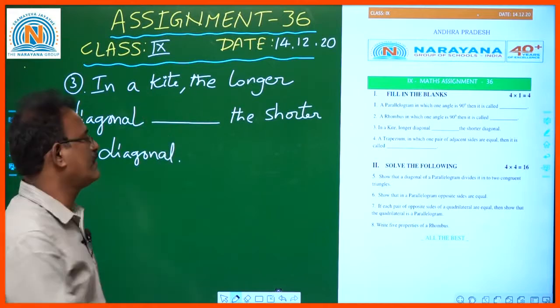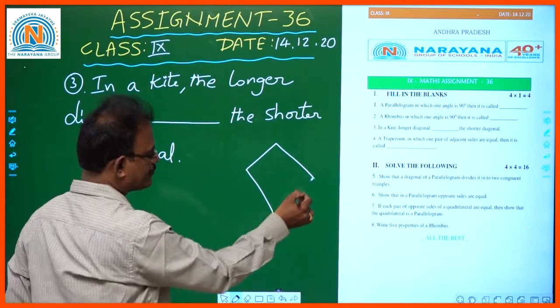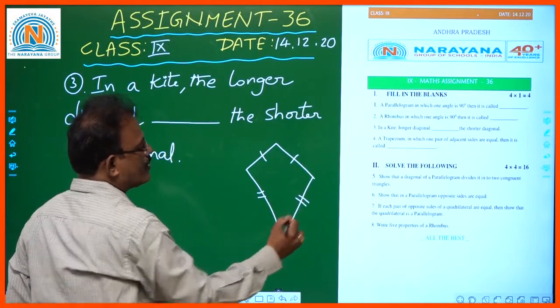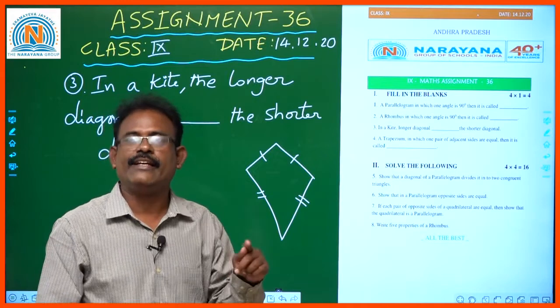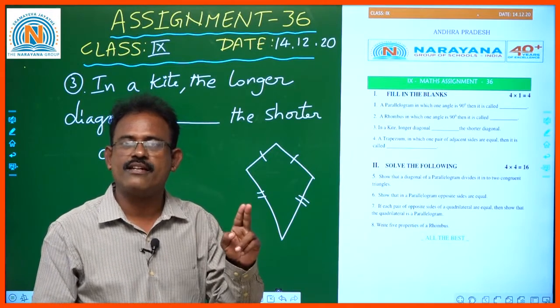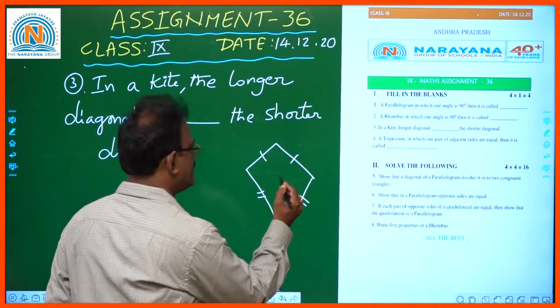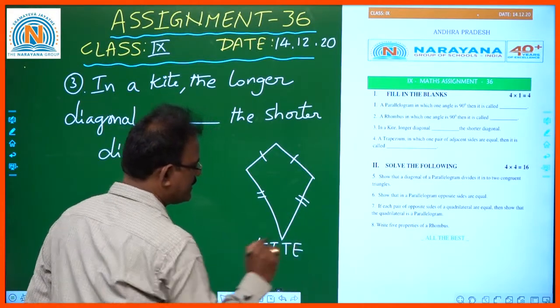a kite, first of all, is a quadrilateral in which both the adjacent sides are equal. A quadrilateral in which both the adjacent sides are equal is called a kite.